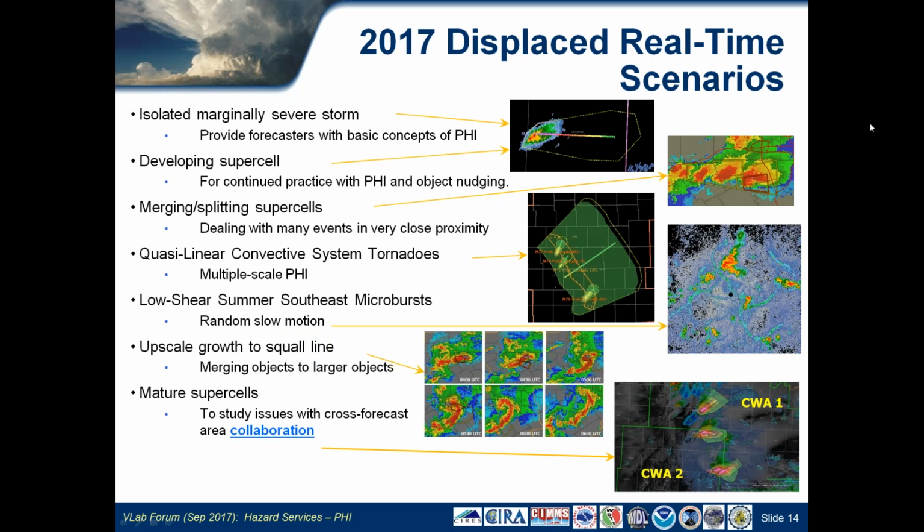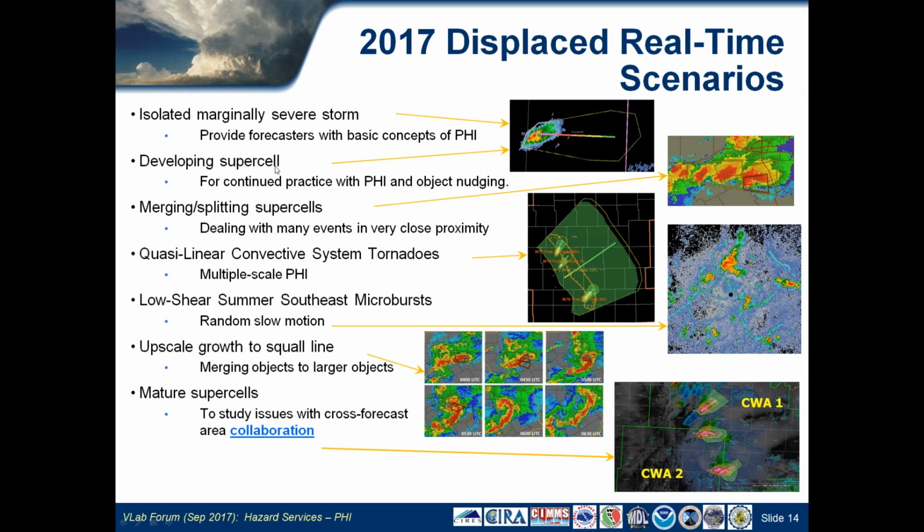So what kind of scenarios did we look at? We tried to put the software and the concept through a number of different tests to see how well it holds up. As I mentioned, on our first day, we did an isolated marginally severe storm, and this provided the forecasters with the basic concept of PHI and using the software for PHI.